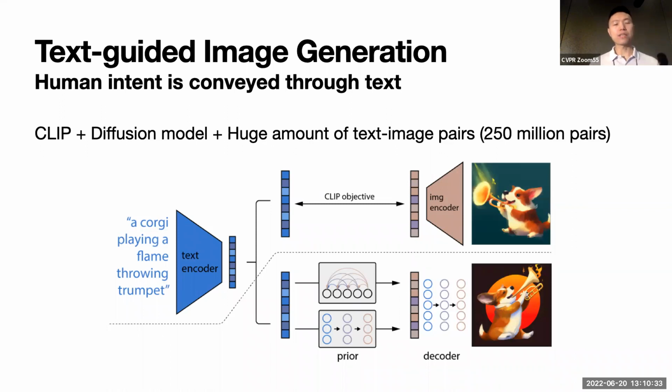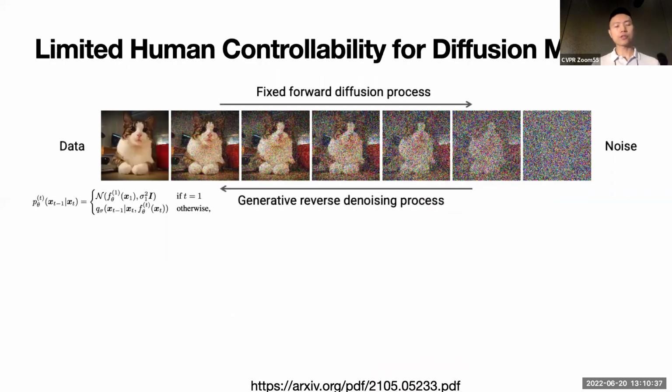Despite all those amazing synthesis performances, there are still some limitations from the perspective of controllability for the diffusion model. If you take a look at the diffusion model, it's an iterative process. Each time it removes some noise from the noisy image, and gradually you can create the contents.